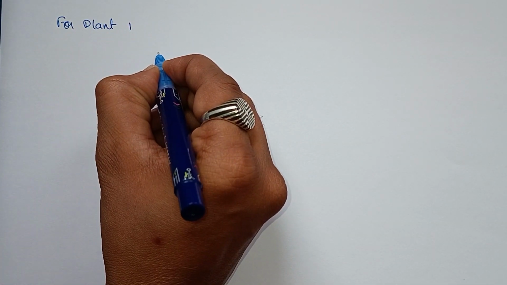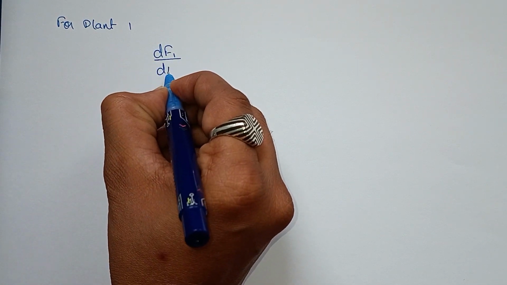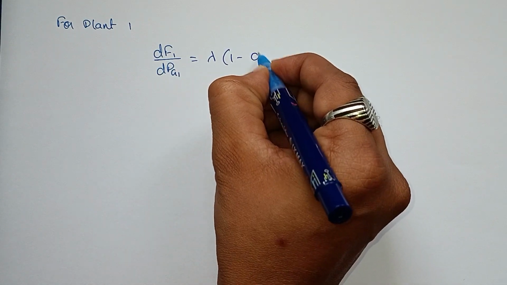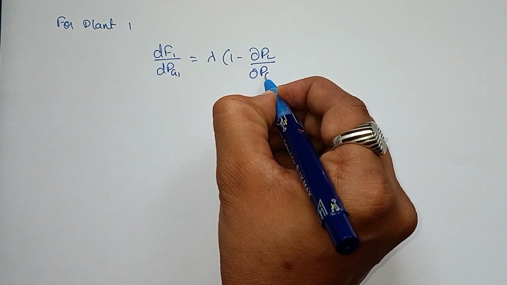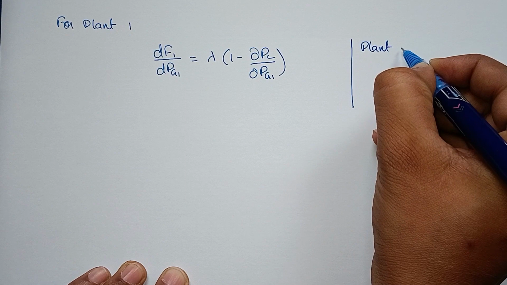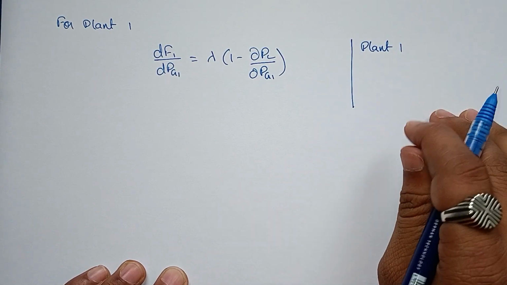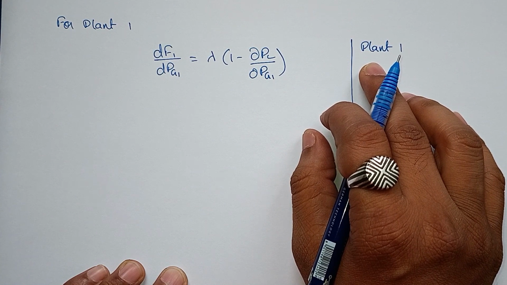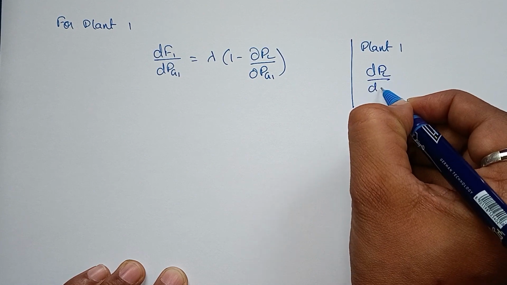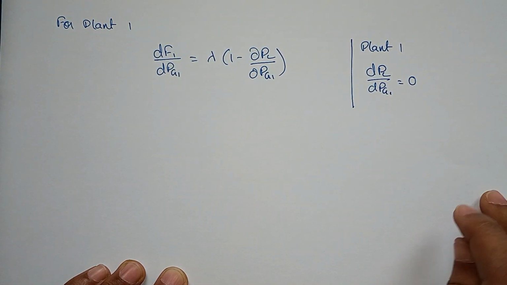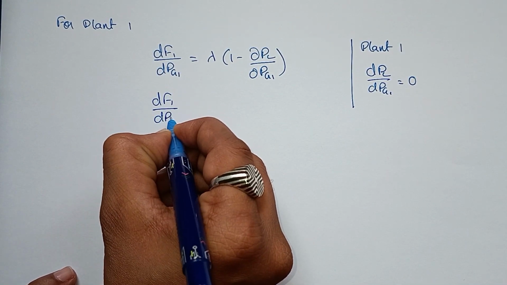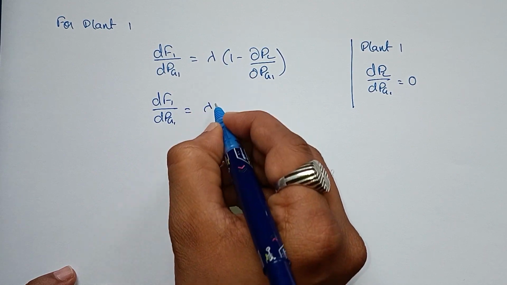For plant 1, dF1 by dPg1 is equal to, same as previous, lambda times 1 minus dou PL by dou Pg1. Since plant 1, as we started with the problem, its generation is not affecting the loss, we can say dPL by dPg1 is equal to 0, which means dF1 by dPg1 will be equal to lambda times 1, which is lambda.